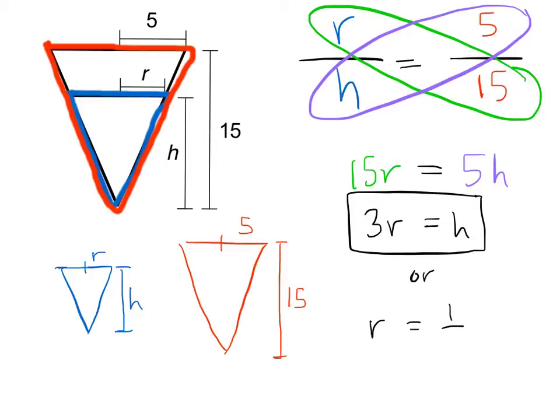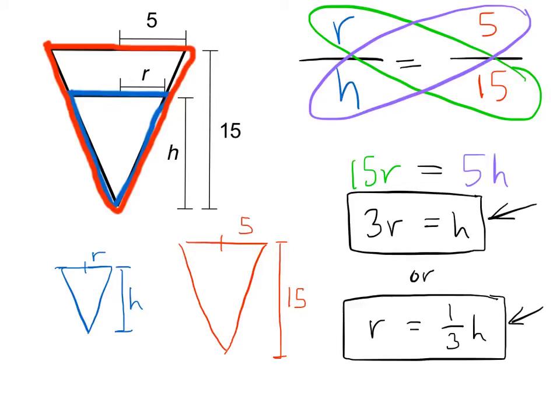R is 1/3 H, which again is showing us the exact same relationship. So dealing with similarity and proportion problems really necessitates this need to see when there's similar triangles involved, and when there are, to create these two separate diagrams so that you can create the proportion in order to get this relationship figured out before you move on.